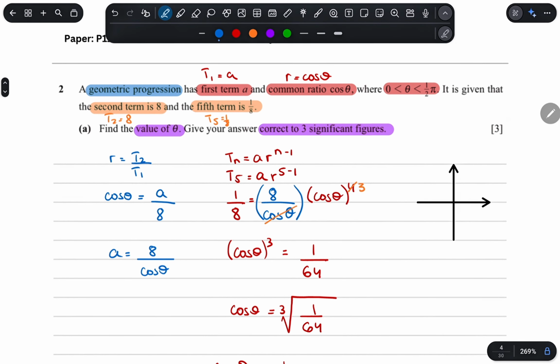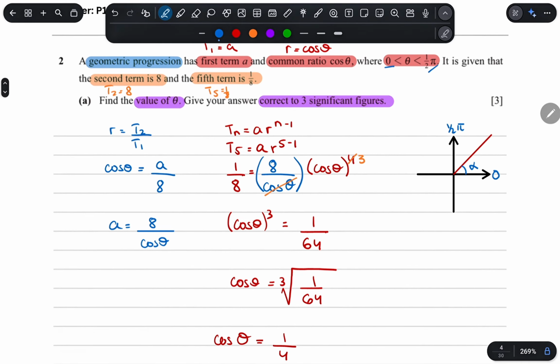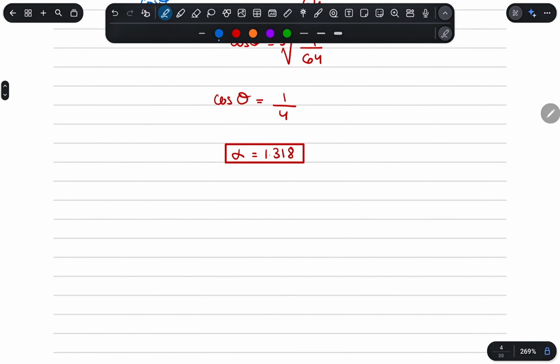Now we know that the domain lies between 0 and half pi, so 0 comes here and half pi comes over here. So our answer lies in the first quadrant. Let's assume this to be our line, and this will be our alpha value. So the first answer that we have is also our final answer. The final answer for theta within the given domain is 1.32, rounding to three significant figures as asked in the question.